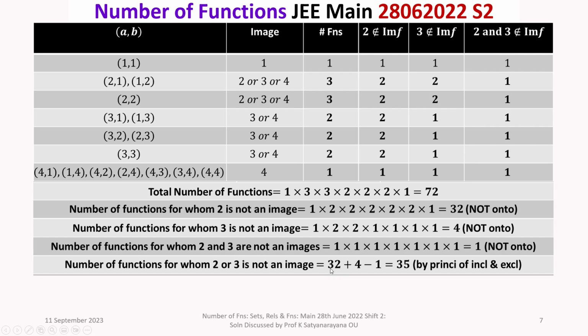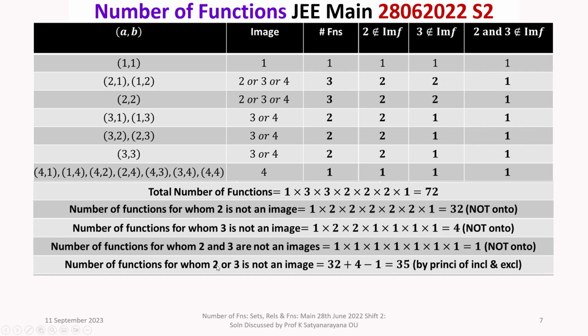So what rule are we applying? 2 or 3 means n of A union B. n of A union B is equal to n of A plus n of B minus n of A intersection B. That is the counting rule, called the principle of inclusion exclusion. You get 35.